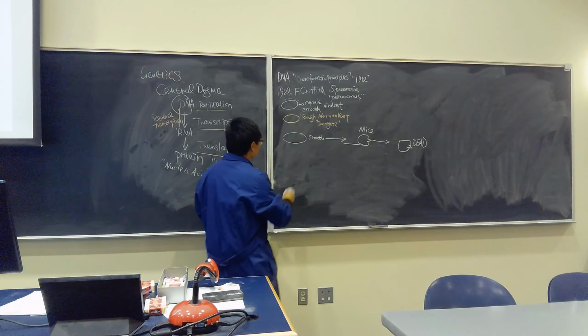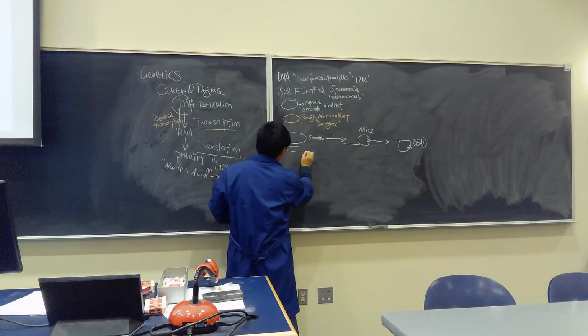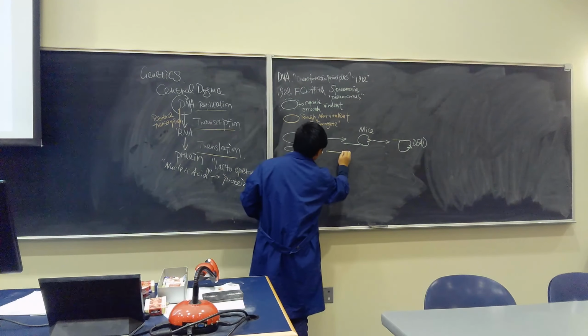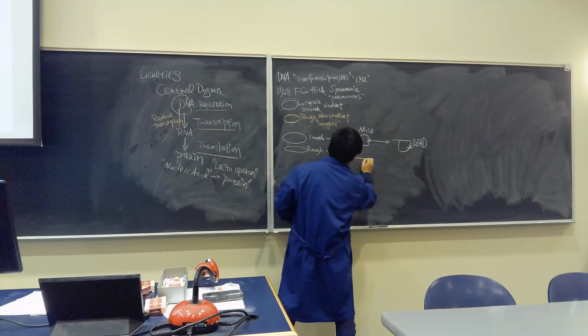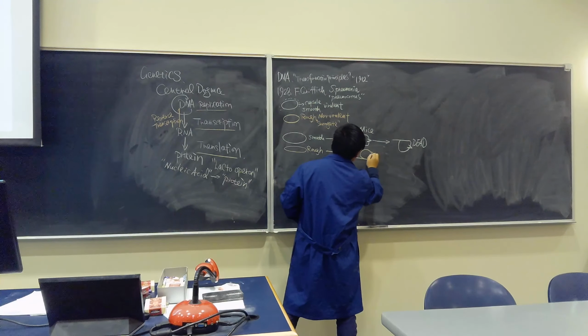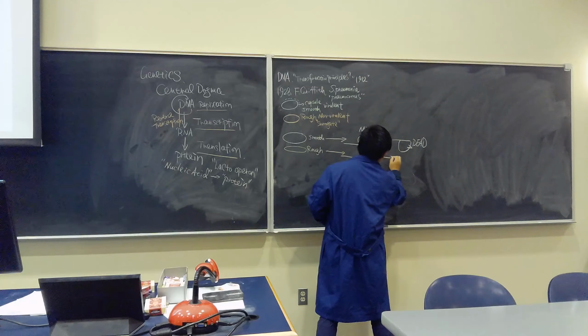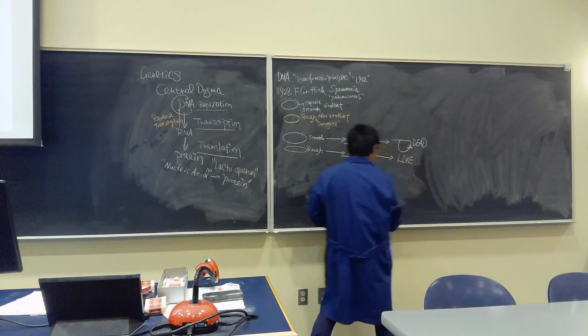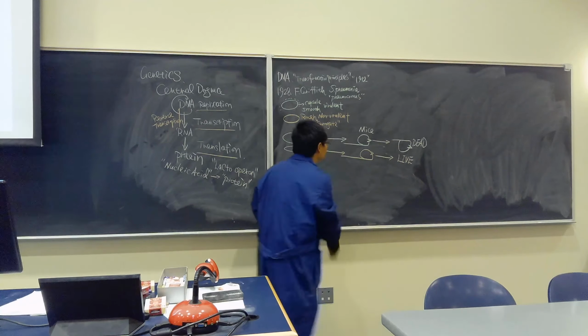So he had a second group, which used the rough Streptococcus pneumoniae, also inoculated into a mouse. What happened? This mouse is alive, survived. The next group, what did he do?